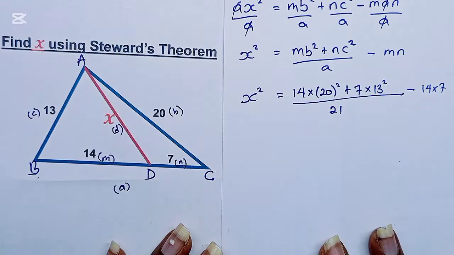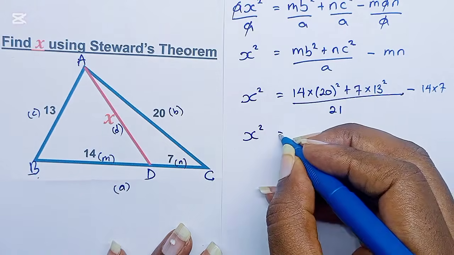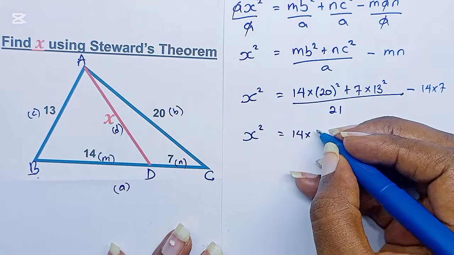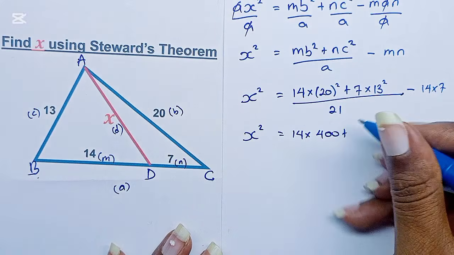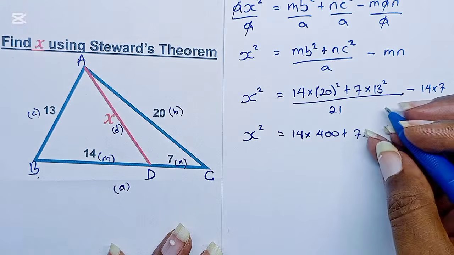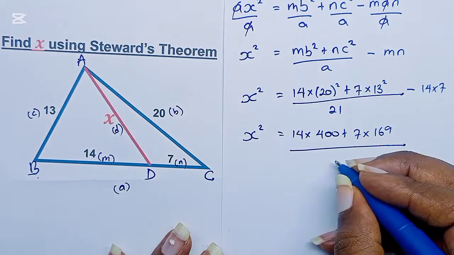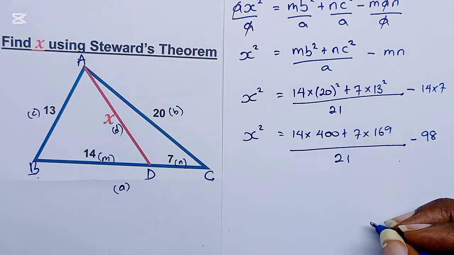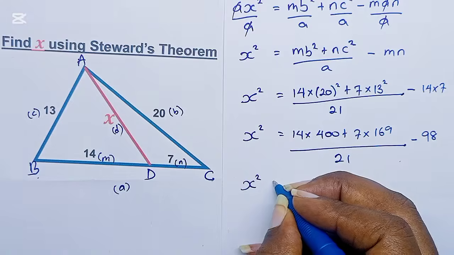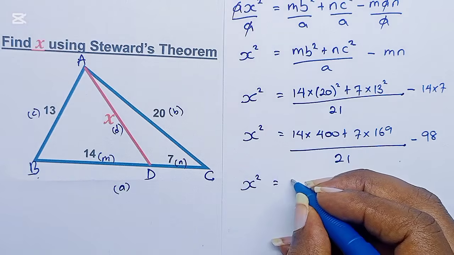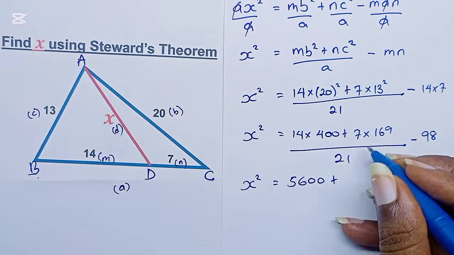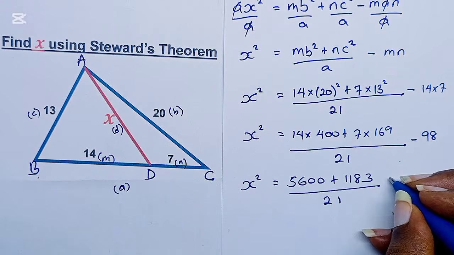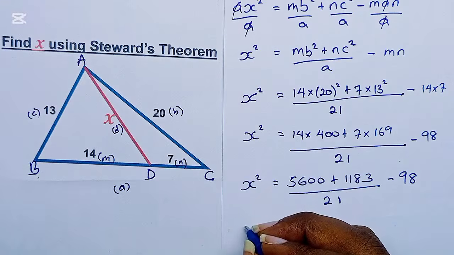So X squared is equal to 14 times 20 squared is 400, plus 7 times 13 squared is 169, over 21 minus 14 times 7 is 98. So this gives us X squared as this times this is 5600 plus this times this is 1183 over 21 minus 98.